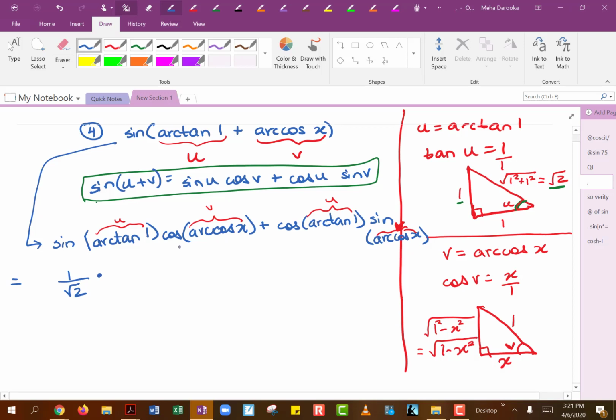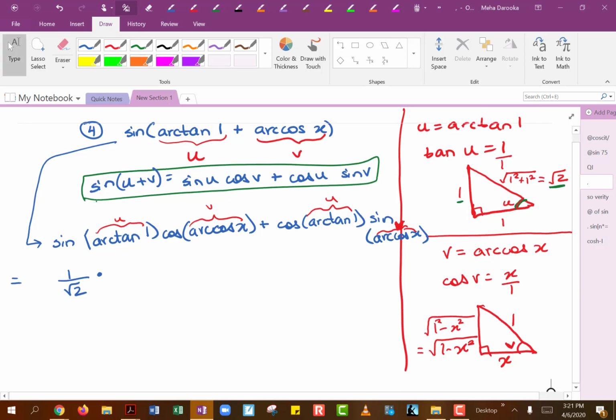Then you're going to be doing cosine of arc cosine of x. For arc cosine of x, you are coming down to the second triangle, v equals arc cosine of x. If I'm talking about cosine with respect to this angle v, cosine is adjacent over hypotenuse.